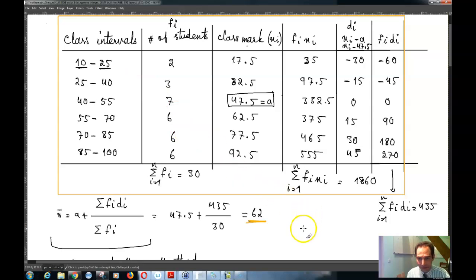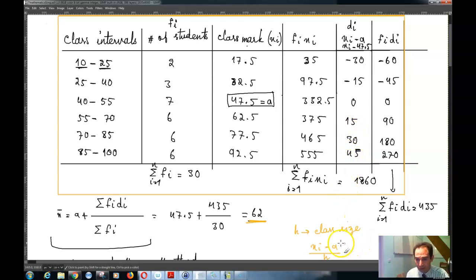If I take the class size as h, then I can divide x of i minus a by h, and that would give me, for example, negative 30 divided by 15 is negative 2, this gives me negative 1, this gives me 0, this gives me 1, this gives me 2 and 3. So these numbers would be substantially simpler.